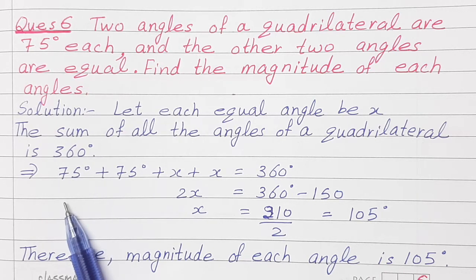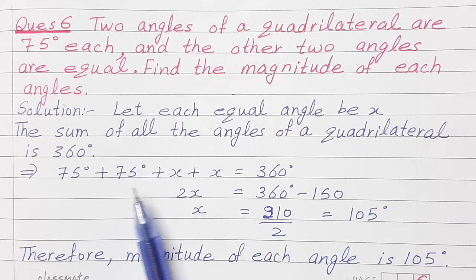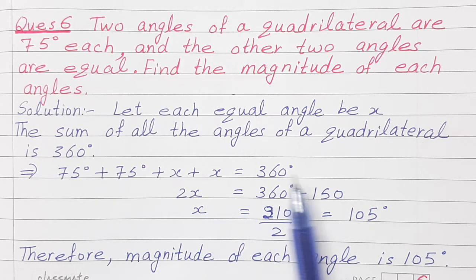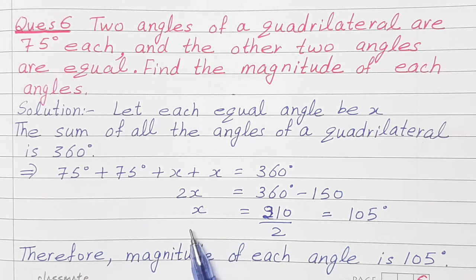So this implies 75 degree plus 75 degree plus x plus x is equal to 360 degree. Now children, after solving this, we will get x as 105 degree. Therefore, the magnitude of each angle is 105 degree. I hope it is clear to everyone now.